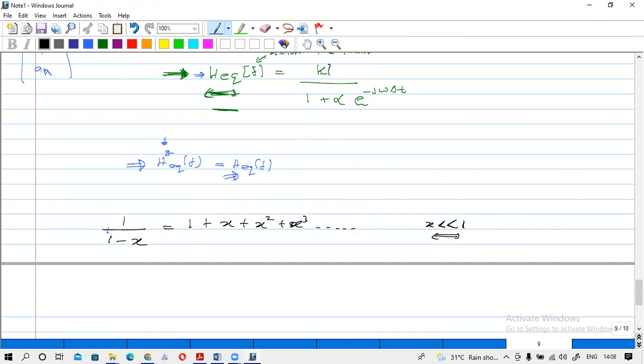So this k is a constant. We don't know what the value of this constant is. It is an unknown factor. And it is said that this alpha is very less than 1, so this total term, alpha e to the power minus j omega delta t, is very less than 1.